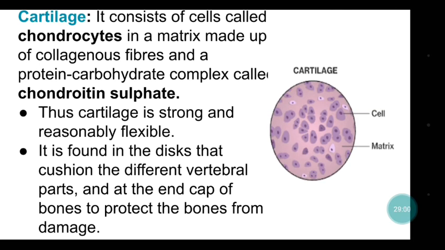Now the cartilage. It consists of cells called chondrocytes in a matrix made up of collagenous fibers. Here also the fibers are made up of collagen, along with protein carbohydrate complexes called chondroitin sulfate.